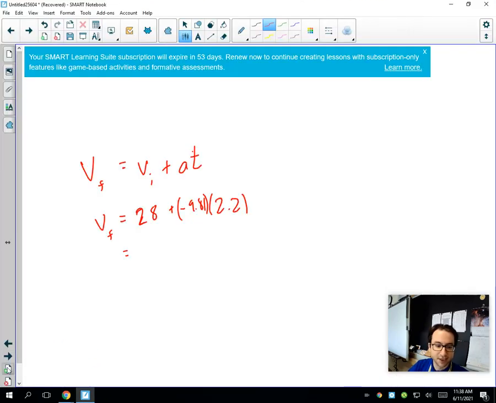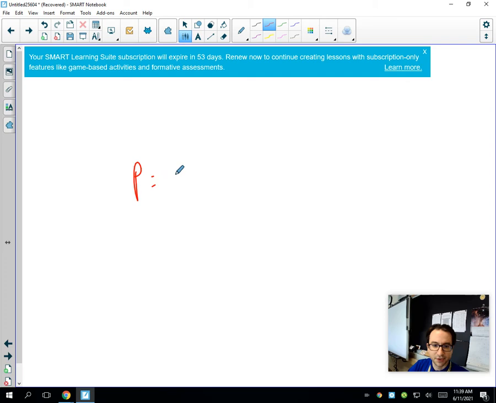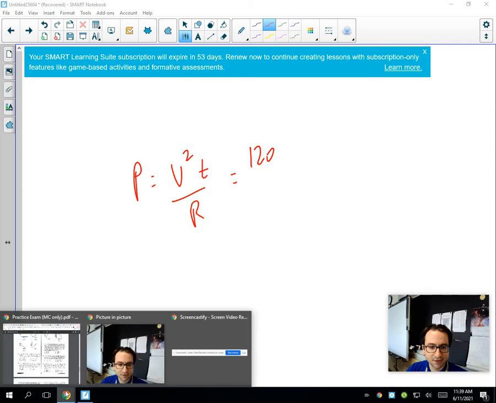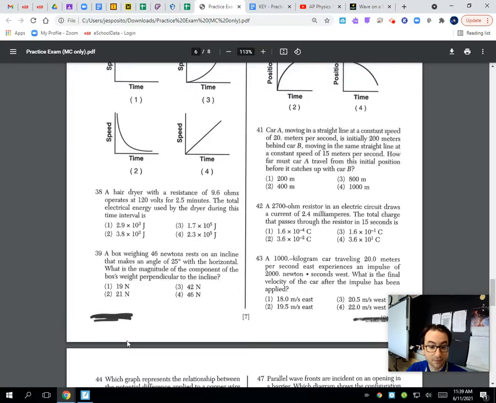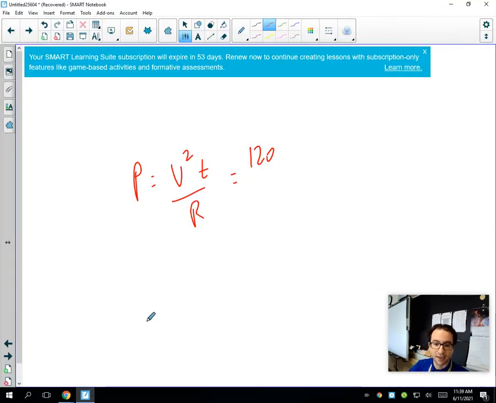So let me write this all down. Energy equals V squared times t over R. Our voltage was 120. The resistance, I believe, was 9.8. No, 9.6. And our time is 2.5 minutes.